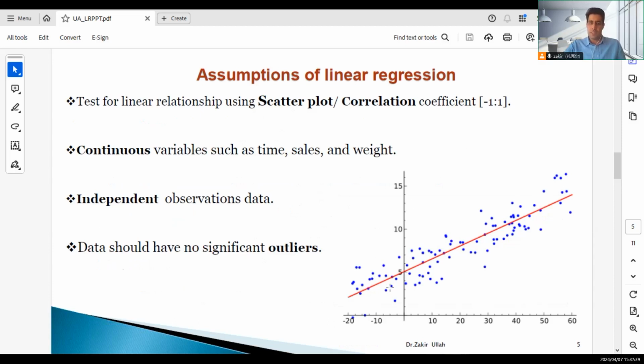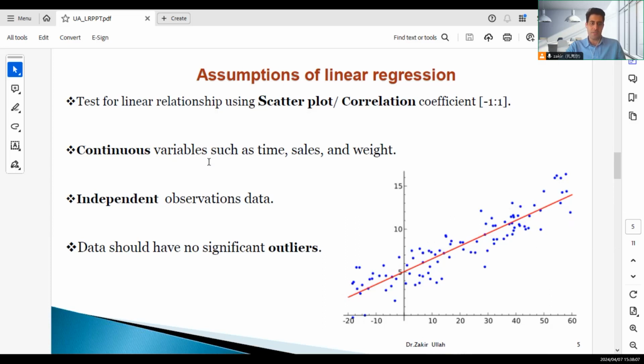Down here is a scatter plot where the dots represent the data points. As we see, the data points show a linear trend around the red line, which shows that there is a strong relationship between the dependent and independent variables, and hence we can apply linear regression to solve this prediction problem.